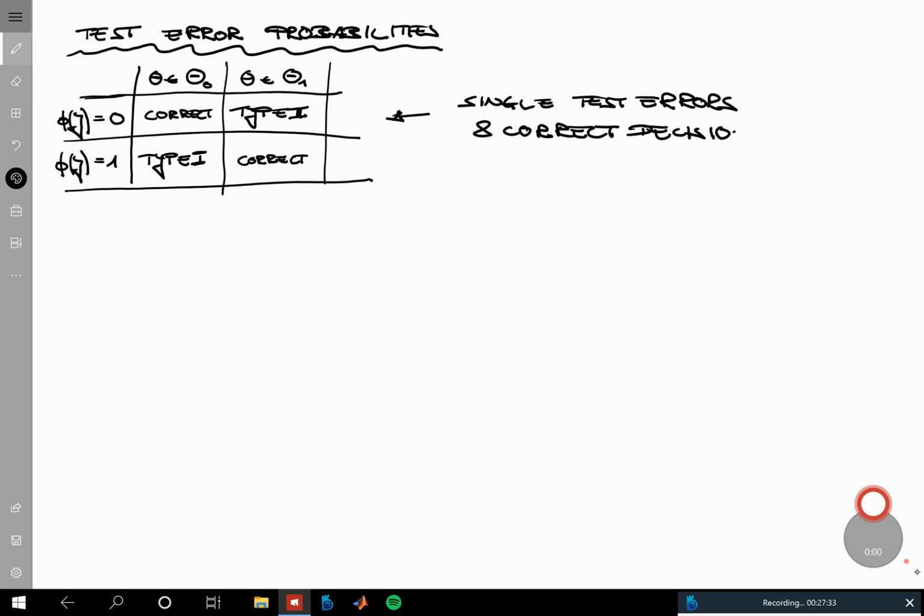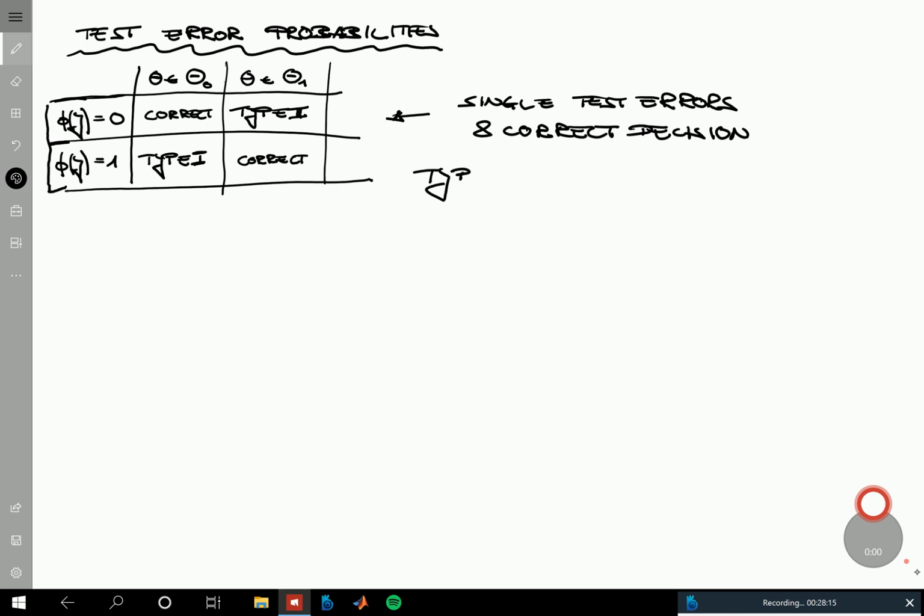The idea of tests then is to construct tests in a way that you have some guarantees on the probabilities of making test errors. That means if you use these tests again and again, you want to make sure that you control the error rates on average. The interesting thing that has happened in science is that people are more worried about type 1 errors than type 2 errors.